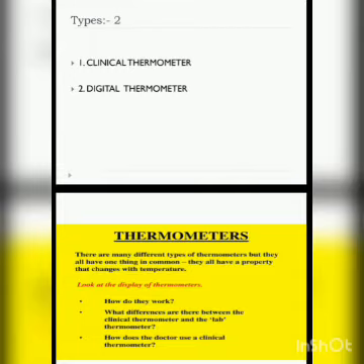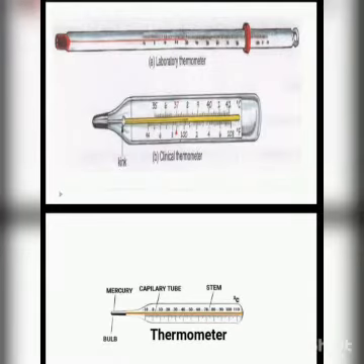The bulb of both thermometers has mercury in it. Mercury is actually a heavy metal. The rise and fall of the mercury will tell us how much colder or hotter the body is. Okay, so this is about the similarities.